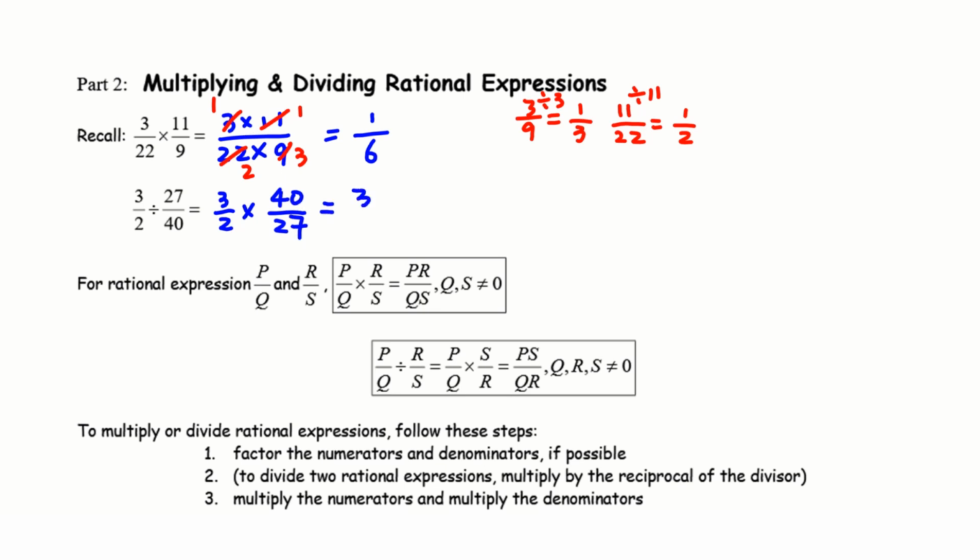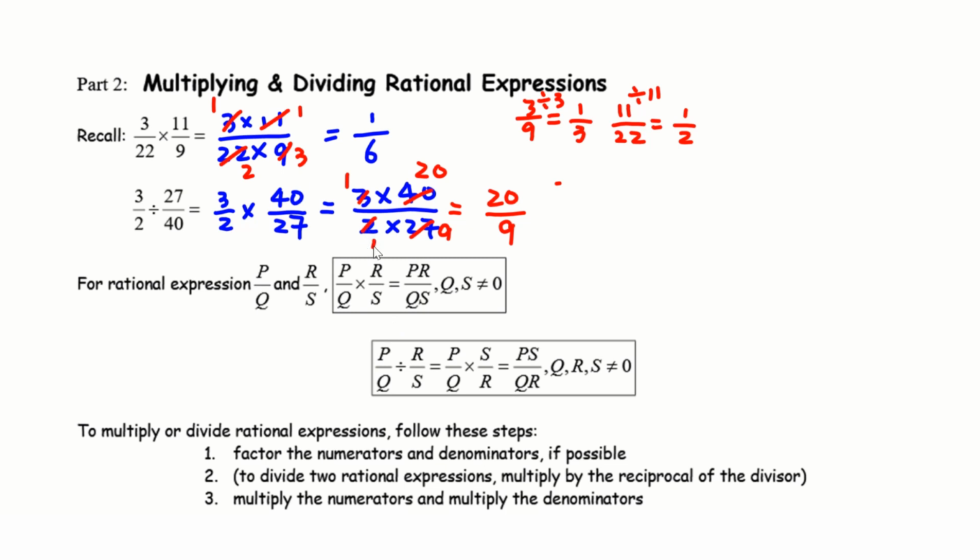So 3 times 40, then divide by 2 times 27. Then you could use your calculator to find out. The lowest form will be 20 over 9.